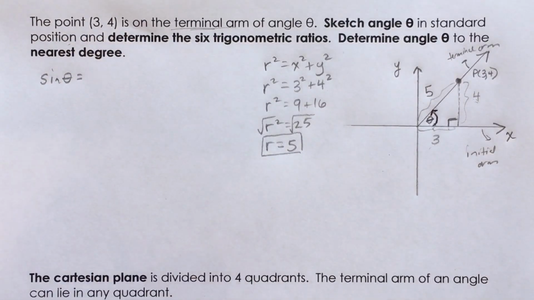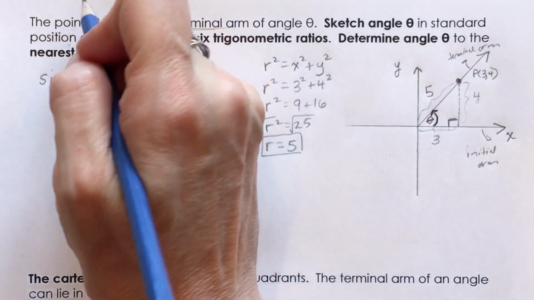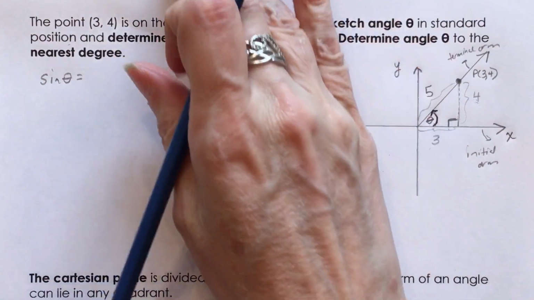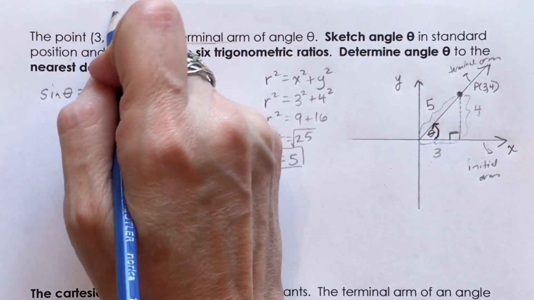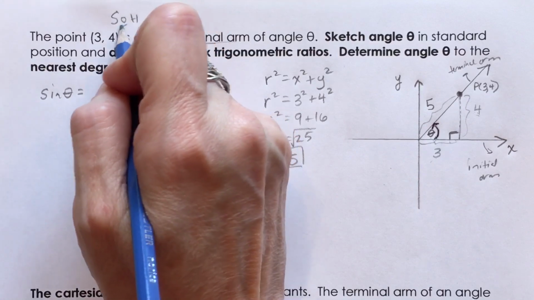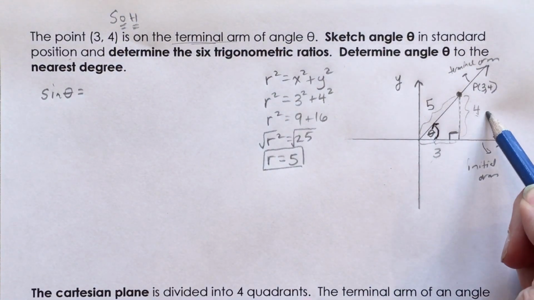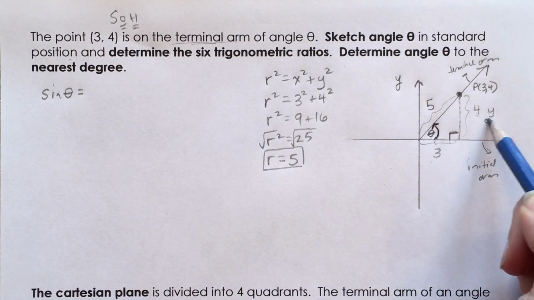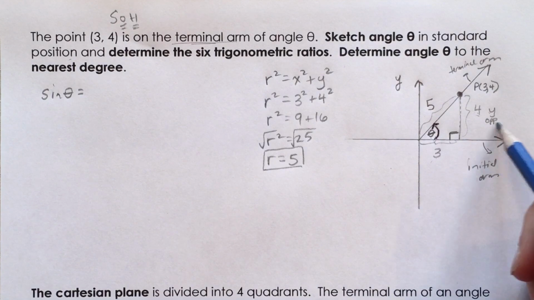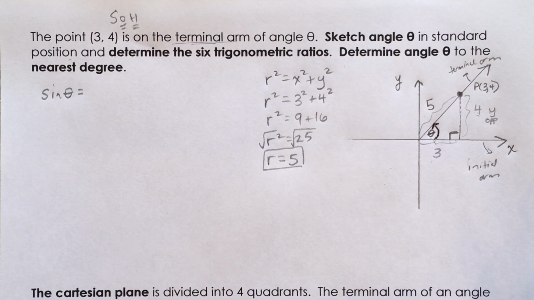So back in grade 10, we used a mnemonic that helped us remember opposite over hypotenuse. Okay, so according to angle theta, opposite is our y value. We're trying to get away from opposite and move towards y value.